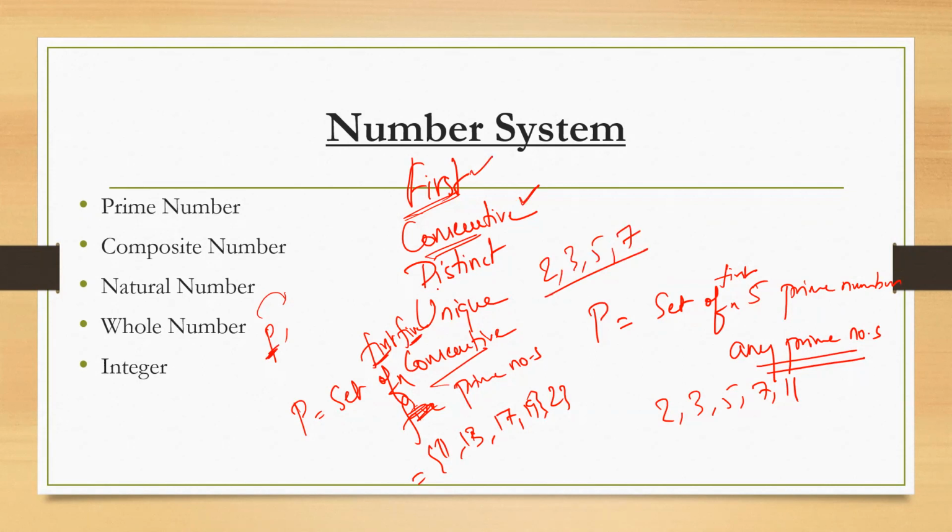Now, what was the application part of distinct and unique? If I say n is a distinct odd number, what does it mean? It simply means, if I say distinct or if I say unique, it simply means what? This we have discussed in the first class.